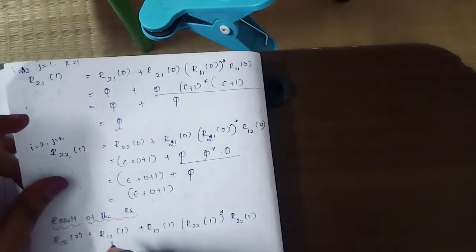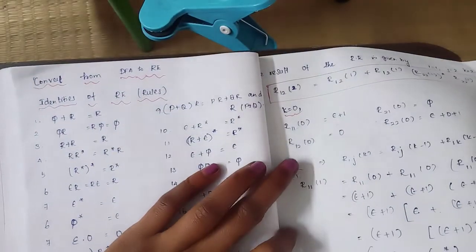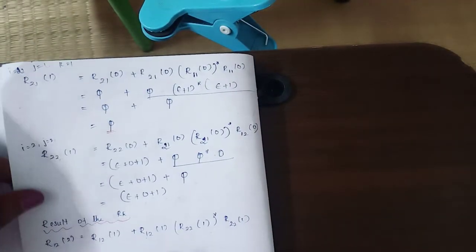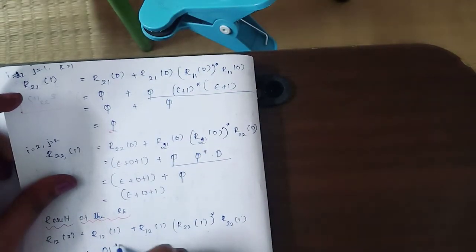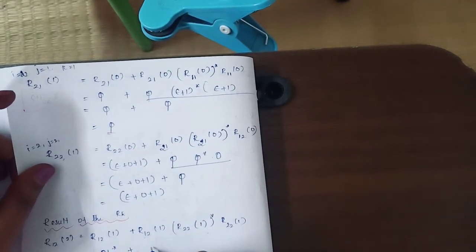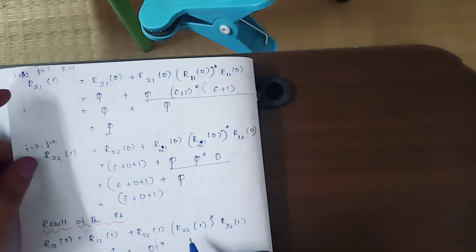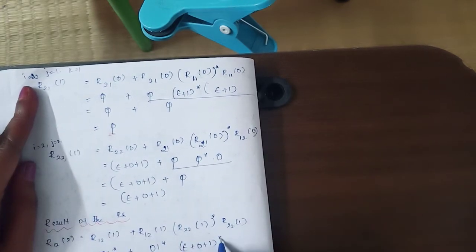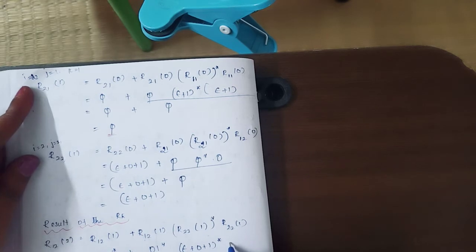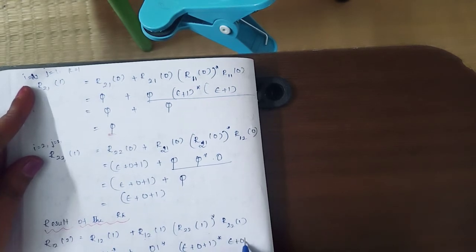Okay, fine. So write it. What is r12 of 1? r12 of 1 is 0 1 closure. This r12 of 1 again 0 1 closure. r22 of 1 is epsilon plus 0 plus 1 the whole closure, and r22 of 1 here again epsilon plus 0 plus 1.